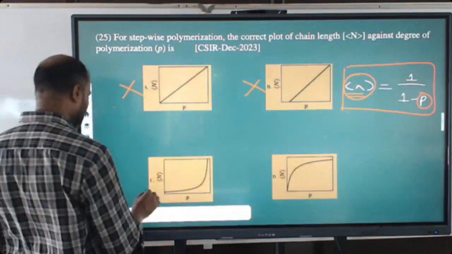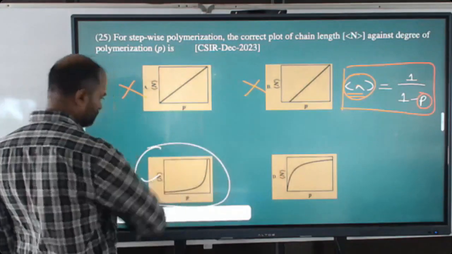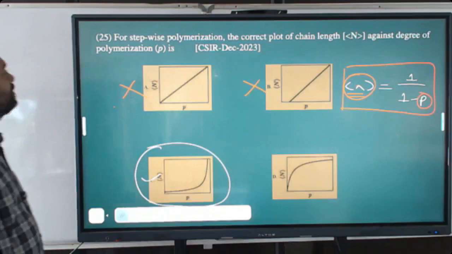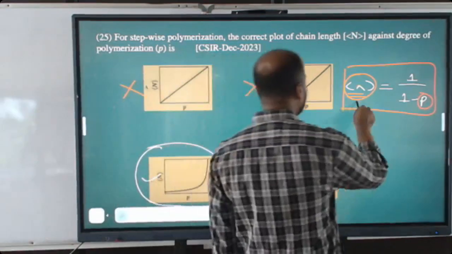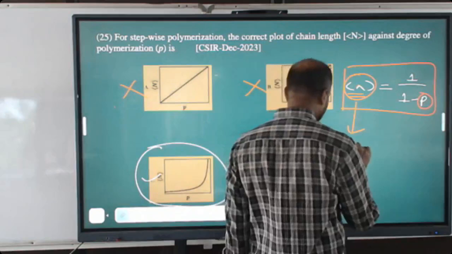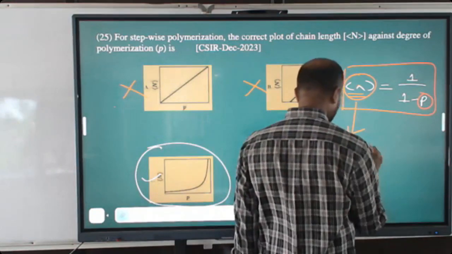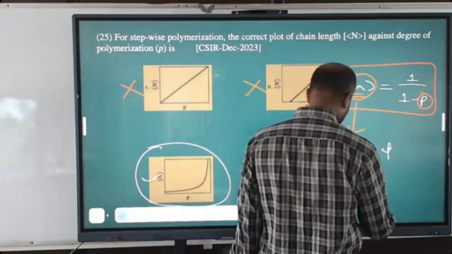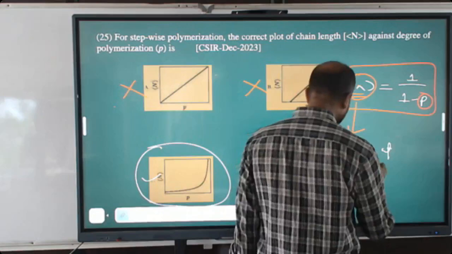Correct answer option C ആണ്. ഇത് അവർ ഫുള്ള് തെറ്റിച്ച് തന്നിരിക്കുന്നത് അത് എന്തിനാന്ന് എനിക്കറിയില്ല. N is actually the degree of polymerization. നമ്മൾ സാധാരണ പഠിക്കുന്ന പേര് തന്നെ കൊടുത്താൽ മതിയല്ലോ.